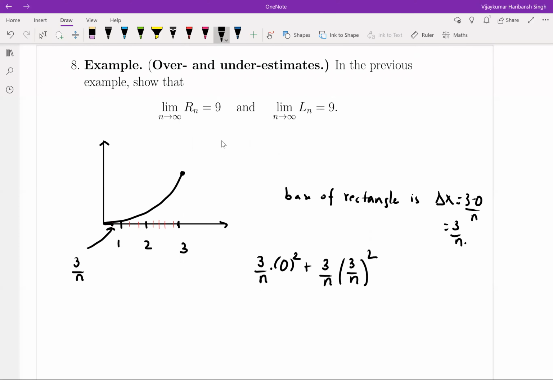Then what about the next one? The base for the rectangle is going to be 3 by n, and the height is going to be 3 by n times 2, the whole squared. And all the way until the last one, so you see you're basically using these points now.